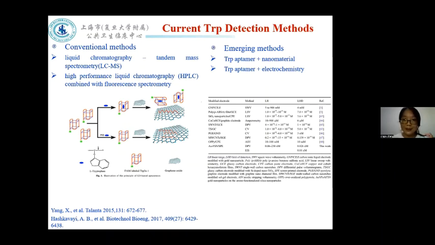Although some novel methods have been developed, such as methods integrating electrochemistry or nanomaterials with tryptophan aptamers, these emerging methods usually have poor specificity for clinical use.